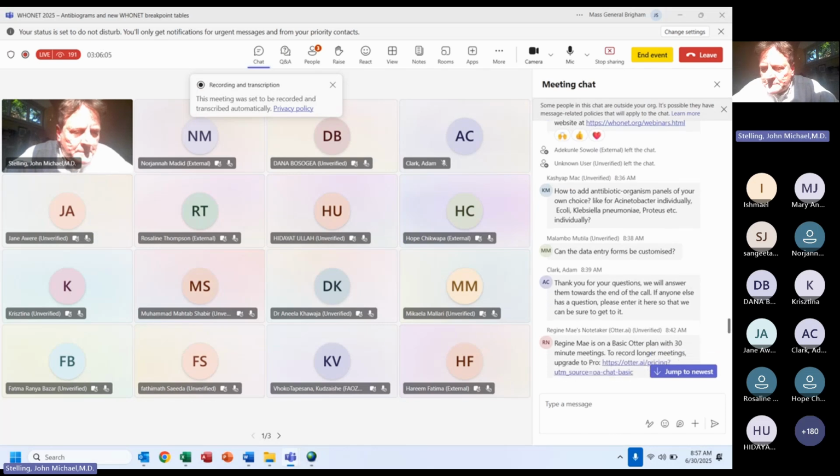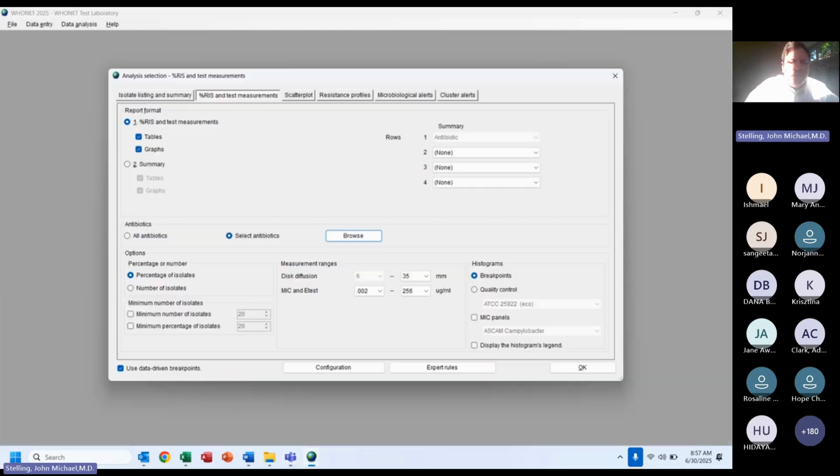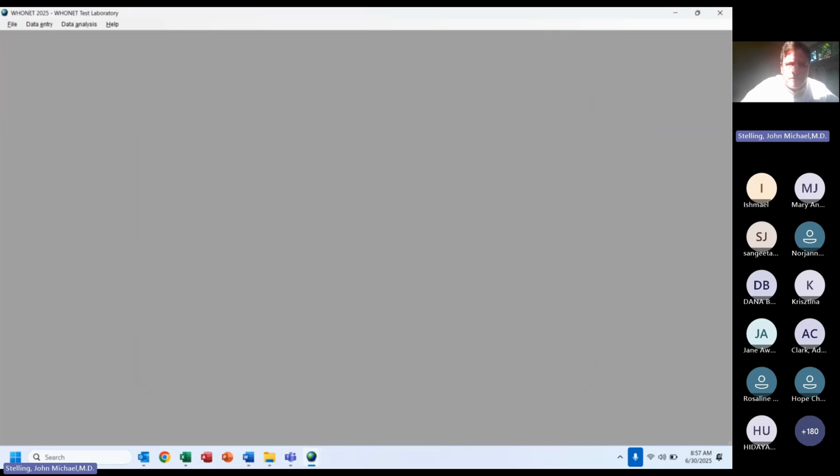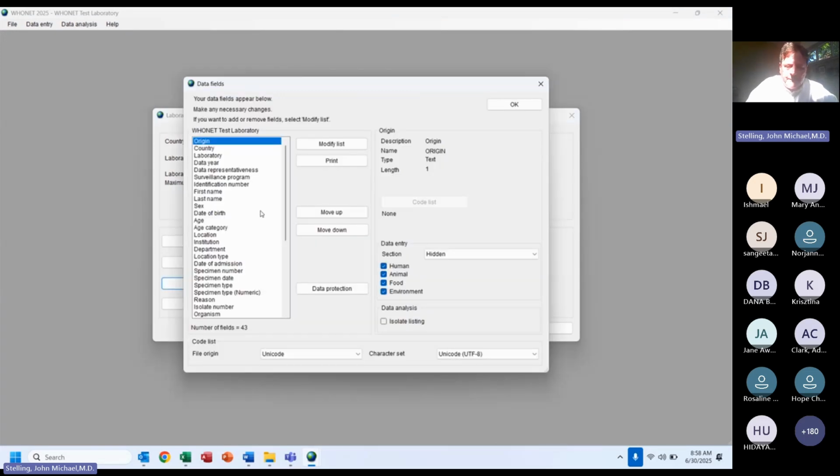Oh, can the data entry forms be customized? Yes, they can. Good. So, okay, exit. And if I go to File, Modify, Laboratory, here is the section called Data Fields. It's all the data fields, and you can customize it in a few ways. Well, one, you can move up, move down. I want this question up, I want this question down.